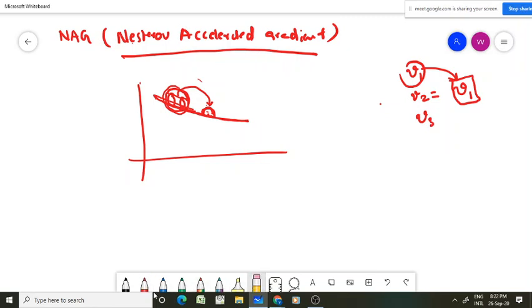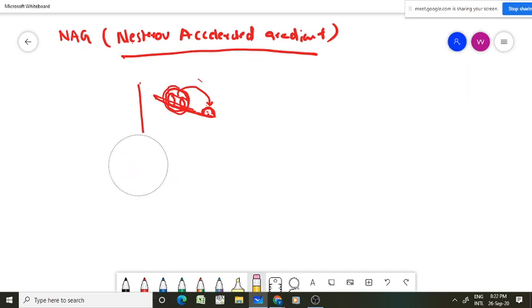So that is the only difference when compared to momentum and Nesterov accelerated gradient. In momentum, your step length depends upon the current gradient and the previous gradient, whereas in the Nesterov accelerated gradient optimizer, your step length will depend upon the previous gradient and also the next gradient, not the current gradient.